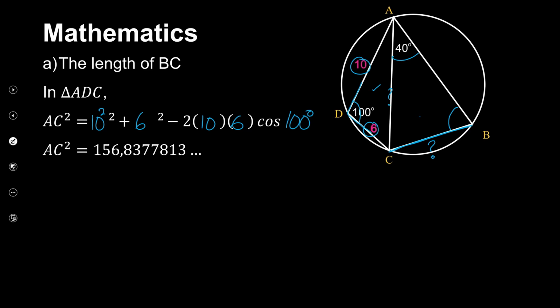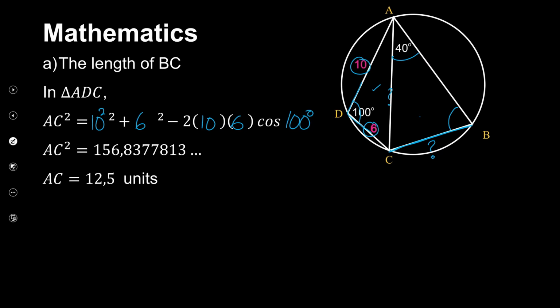If we put that into the calculator, we're going to end up with AC squared being 156,83778 and continuing like that. Again, remember, we cannot round off at this point because we need to get to the final answer. They wanted us to find the length of BC, so we've got to keep all this in our calculator's memory because we need to use this unrounded answer in the next step. So AC will be about 12,5 units.